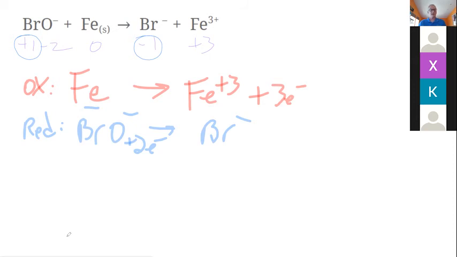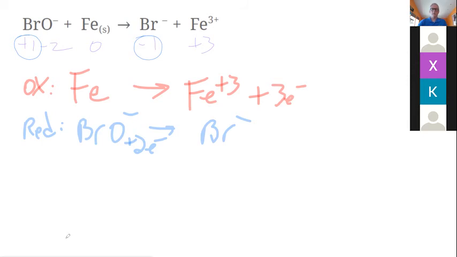What about the reduction? Do we need any in the reduction side? Is it 3? Where do we put them? On the product side.